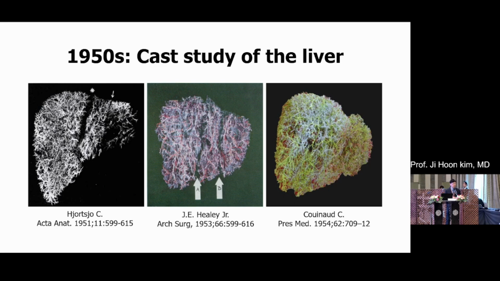And the Healey group, an American study, also studied casts. The Hjortsjo and Healey groups focused on bile duct anatomy. On the other hand, Couinaud's study was based on the portal vein. These are the three famous studies of the 1950s.